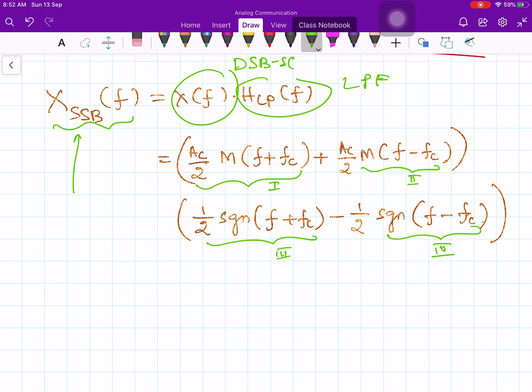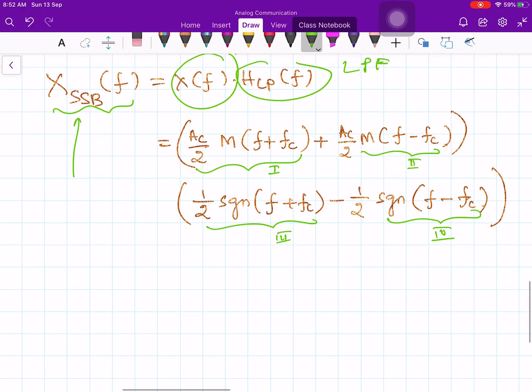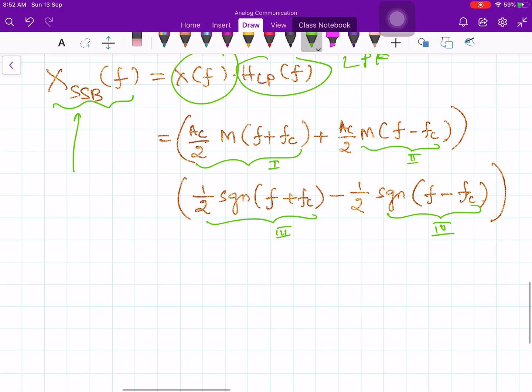We are multiplying the DSB SC spectrum with the transfer function to produce an SSB output. Therefore, my expression for the SSB spectrum in the frequency domain can now be written in closed form. You are multiplying 2 terms in one expression and 2 terms in the other, so totally we have 4 expressions. So term by term we will multiply now.